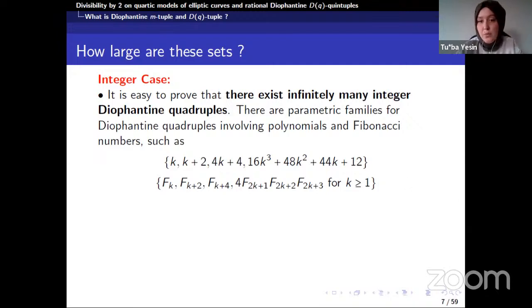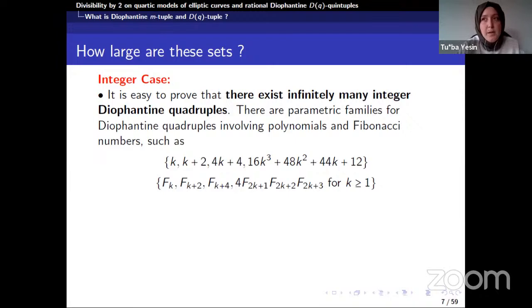Okay, so the next step to find the Diophantine quintuple: can we find the fifth integer to get a Diophantine quintuple? That was a conjecture for a long time. What was that conjecture? It says that the Diophantine quintuple does not exist.